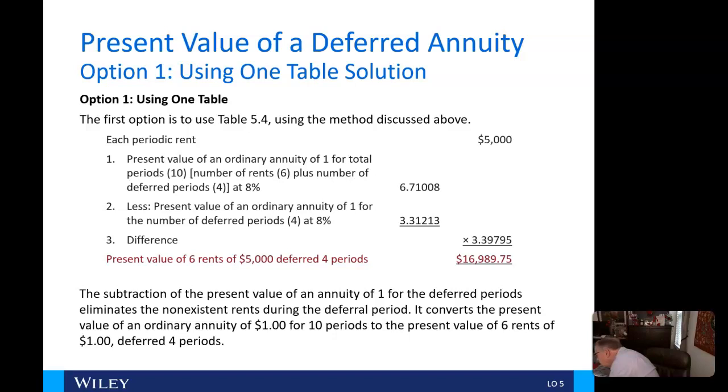I'll find it in a second here. That's going to be, okay, so we come up with 6.71008. So that's going to be the present value of an ordinary unit for 6 plus the number of deferred periods at 8%.